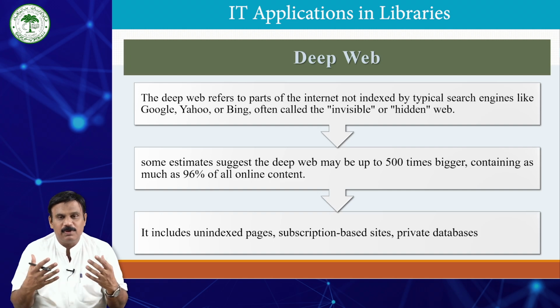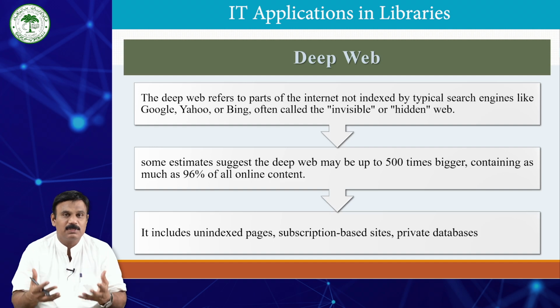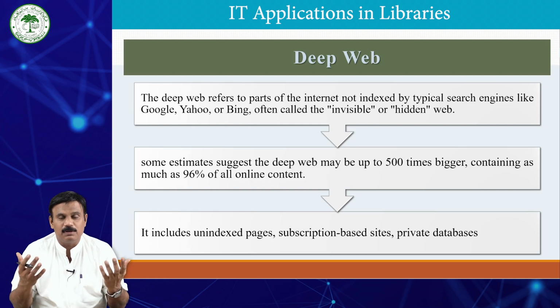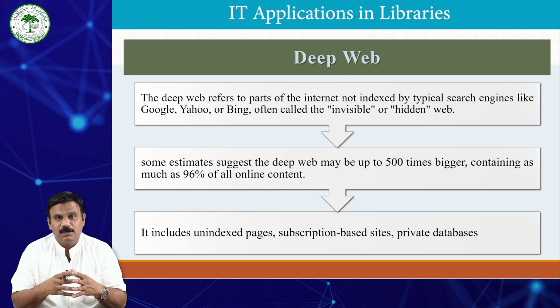And if you think about what web scale discovery means, it is a state of the art technology that uses a pre-harvested central index of metadata to search multiple resources. That means web scale discovery searches many multiple sources, not only those available in the library, but different websites, different resources, different portals that have not been indexed by Google or any other search engines.